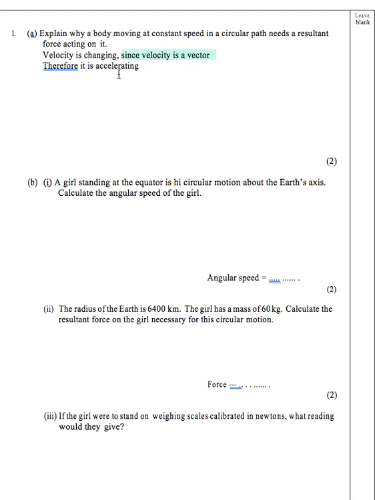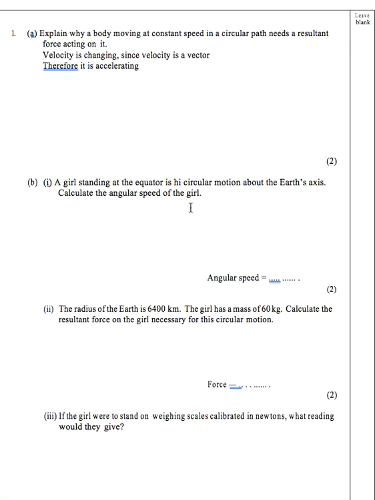I need to get to the point where the next line would be, so there is a resultant force, which is in the question, so there's no credit for it. So velocity is changing. Since velocity is a vector, you might just say velocity is a vector, therefore it's accelerating. But I think I wouldn't feel comfortable saying any less than all of that.